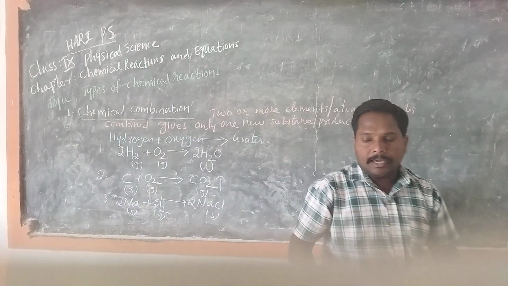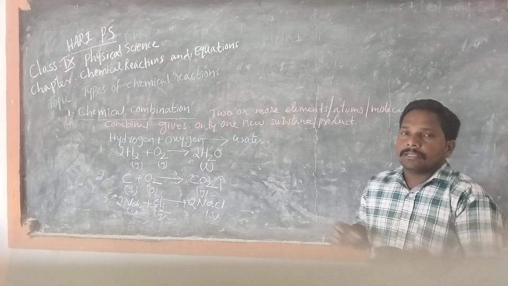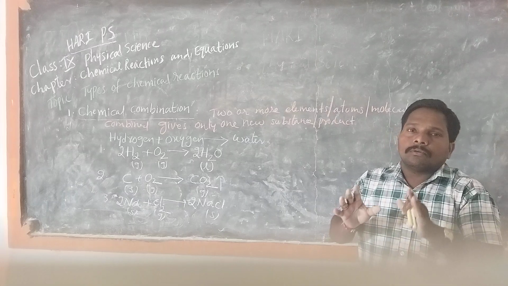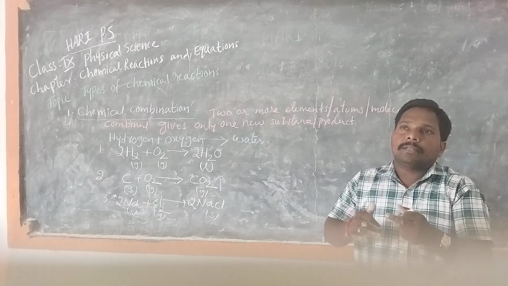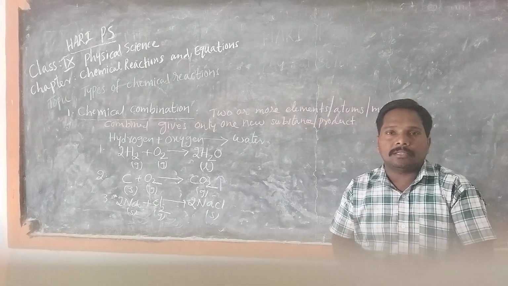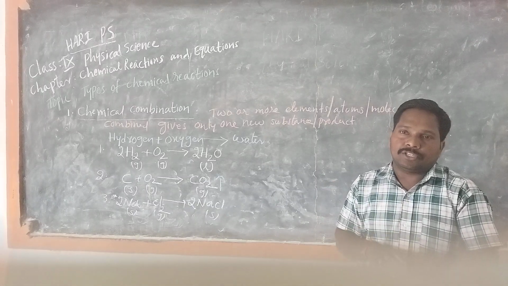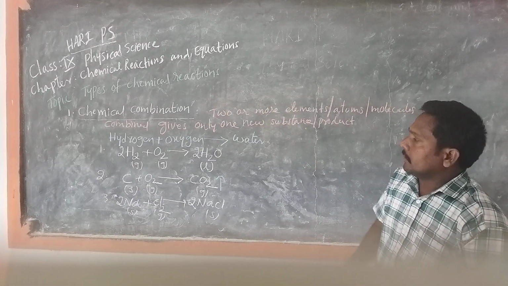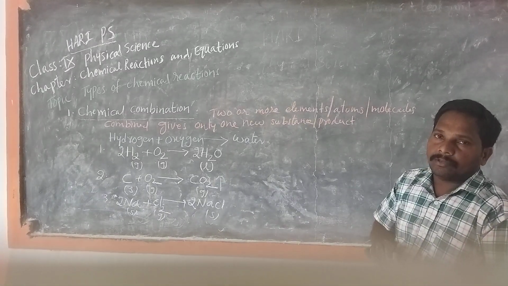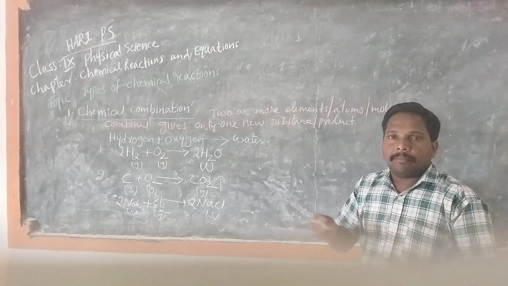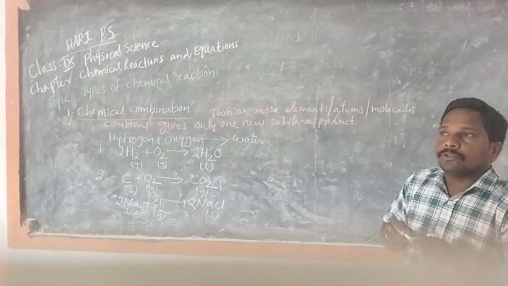As we discussed earlier, some chemical reactions take place in the presence of heat. Sometimes heat is liberated from the reaction, and sometimes the reaction takes in heat. In chemical combination, the reaction between quicklime and water is an example of an exothermic reaction.